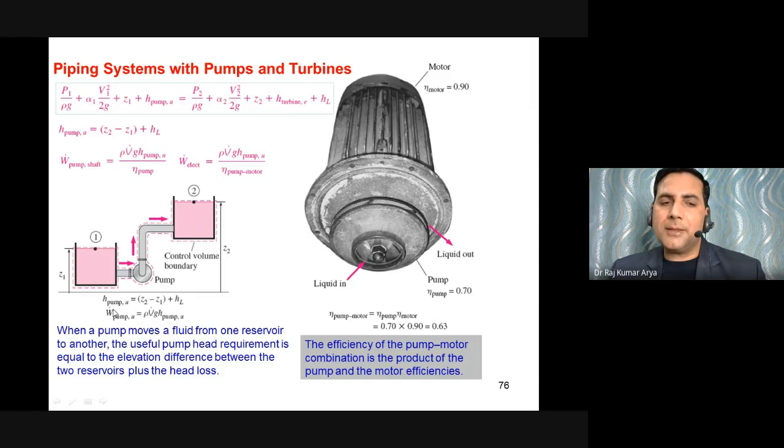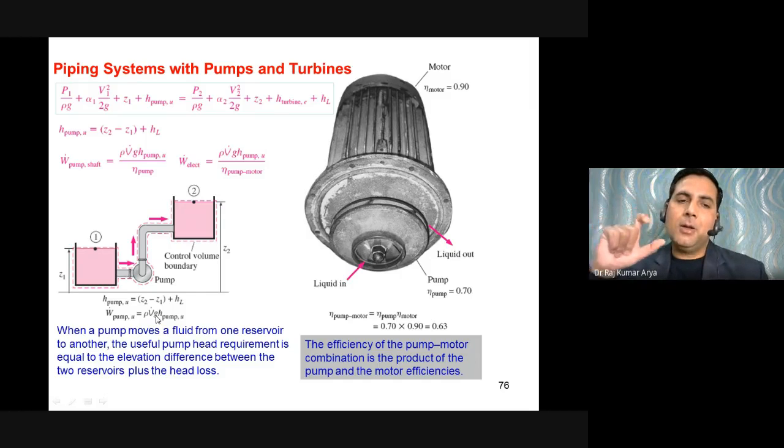If you want to convert this head into energy, you just multiply by Q H rho g. Q is the flow rate, which is V dot. H is the head of the pump that you have calculated. Rho is the density of the fluid, and g is the gravity. That way you can calculate the power of the pump.